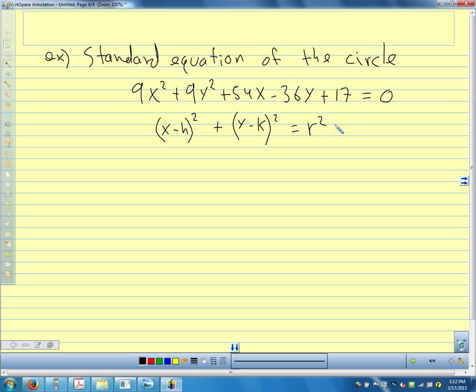Do we remember a technique, something that we've done in the past, where we have something with a 9x squared, a 54x, and a number, and we end up with something that looks like x minus h squared, some perfect square? Remember doing something like that? Change this into something that looks like this.